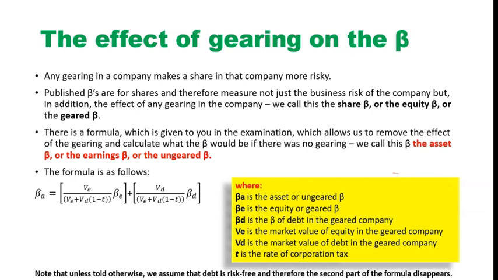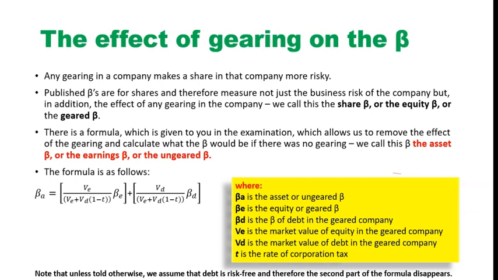There is a formula which is given to you in the examination which allows you to remove the effect of the gearing and calculate what the beta would be if there was no gearing. We call this beta the asset beta, or the earnings beta, or the ungeared beta.